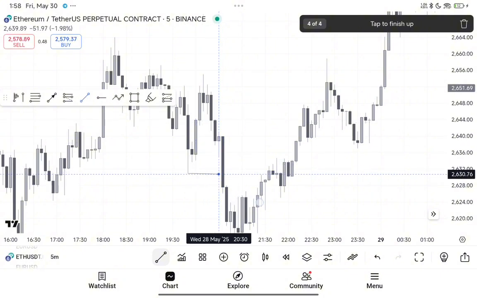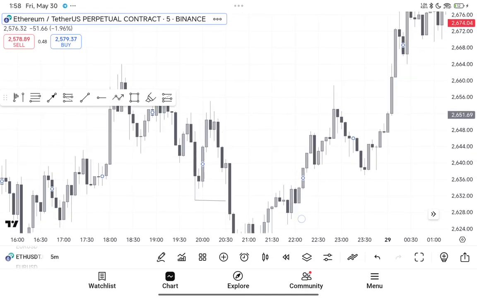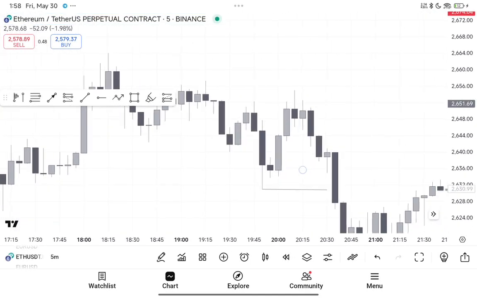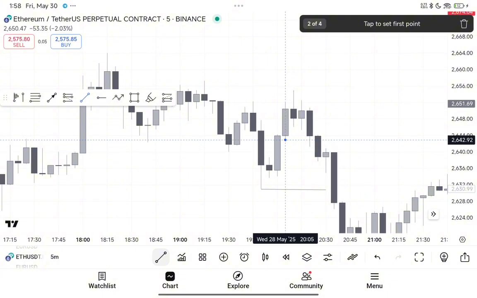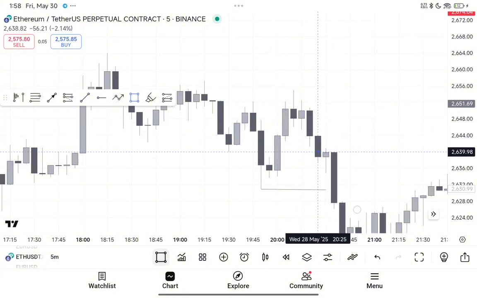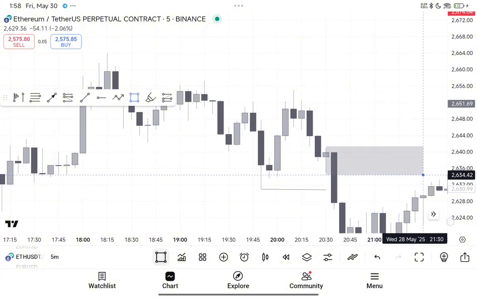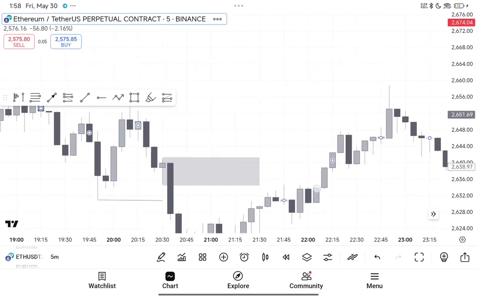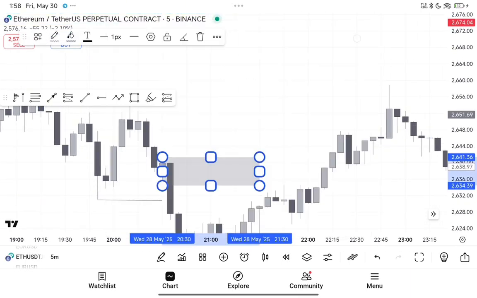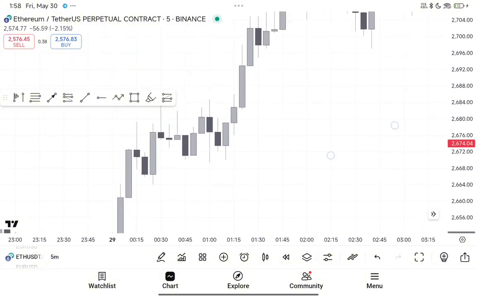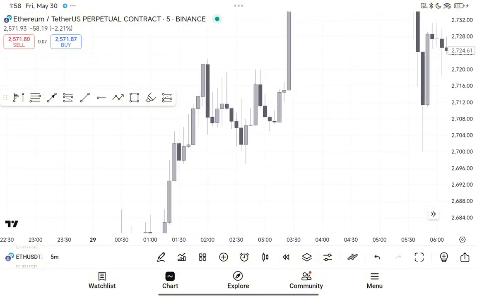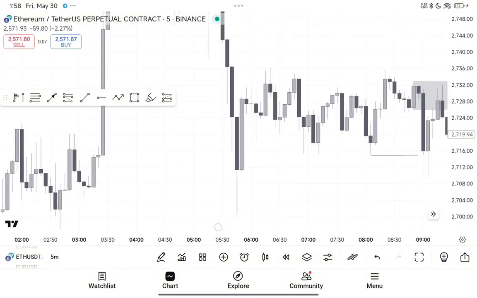We have this. Market broke the structure, but you see, market did not use this block to sell. It took it out. Let's look at this. It took it out here. Let's look for another area. It's not every time market respects that order block. Let's go.